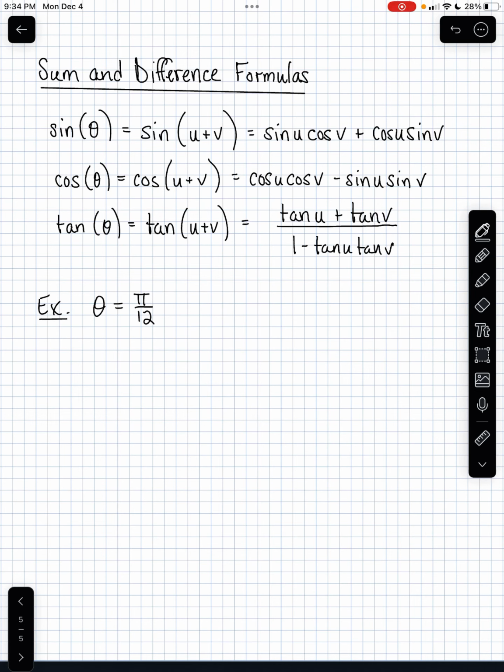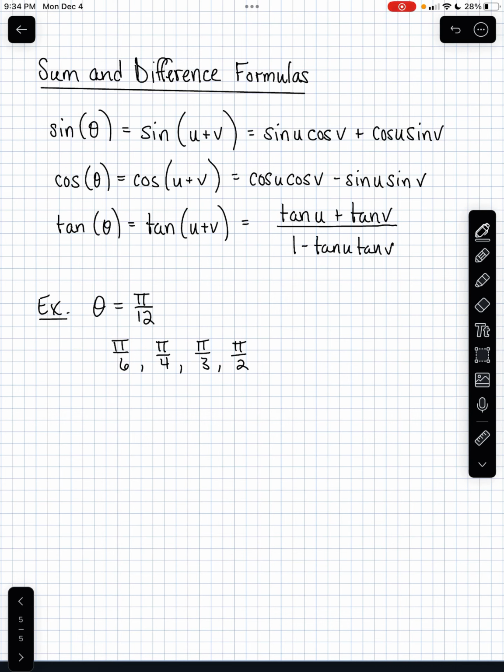The idea is that if we can write this as a sum or difference of any two of the common angles, then we will be able to use those common angles along with the sum formulas up above. Now, the common angles through the first quadrant are 0, of course, which isn't really going to help us if we're trying to write a sum. So the other common angles through the first quadrant are pi over 6, pi over 4, pi over 3, and then pi over 2.